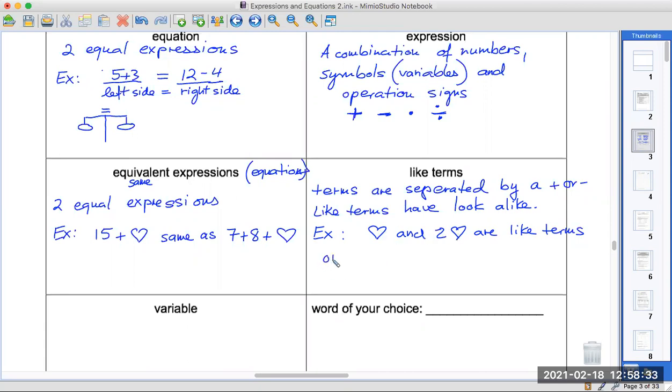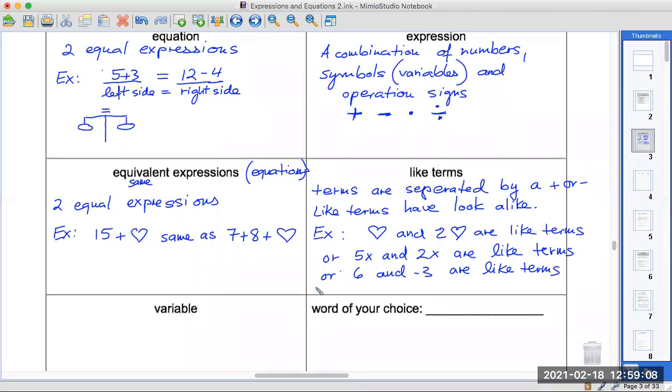Or 5 times the number x and 2 times the number x are like terms because they have the same symbol. Or 6 and -3 are like terms because they're just numbers. All numbers are like terms.